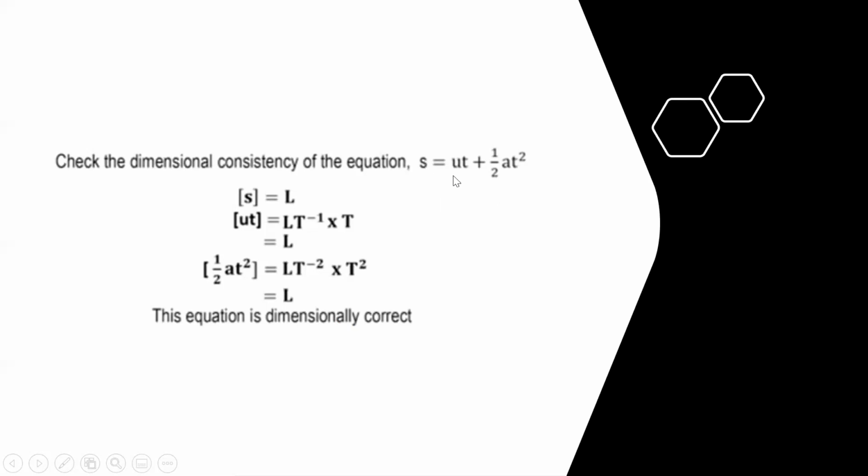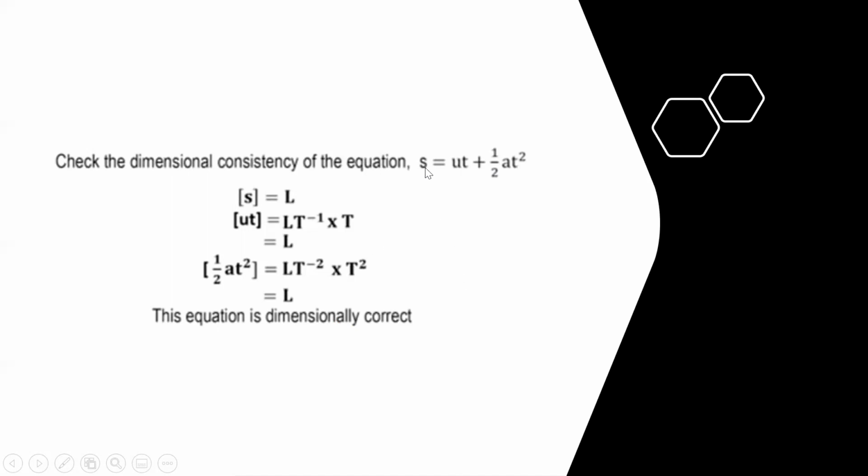So here we have 3 terms. This is S, one term on the left-hand side, ut, another term on the right-hand side, half at square, another term on the right-hand side. So we have to take separately the dimension for each term and then show that they are the same.